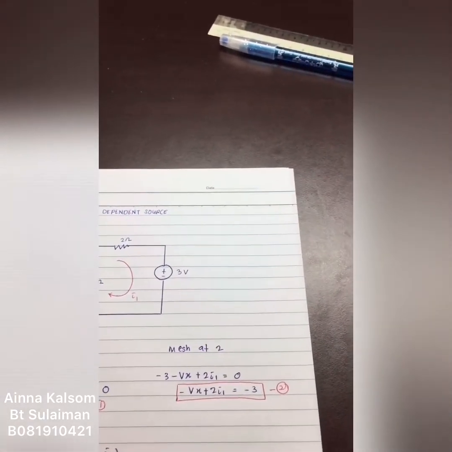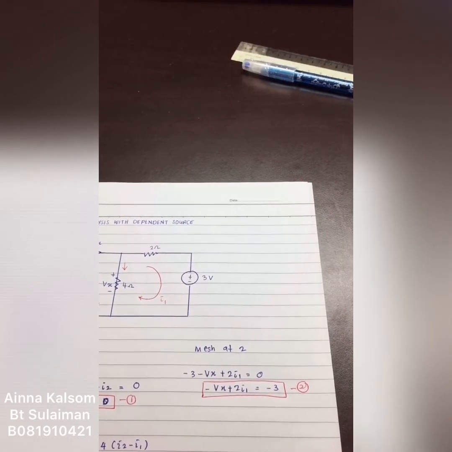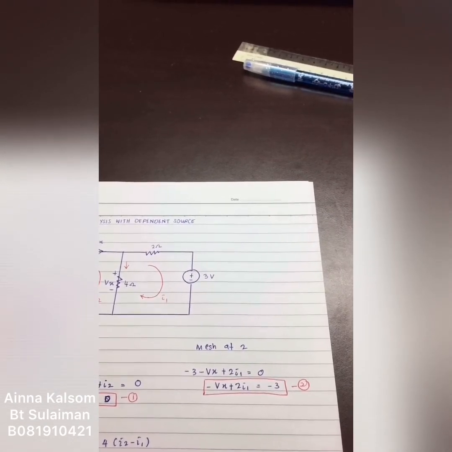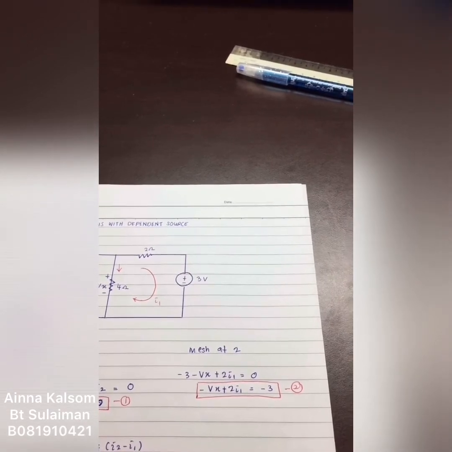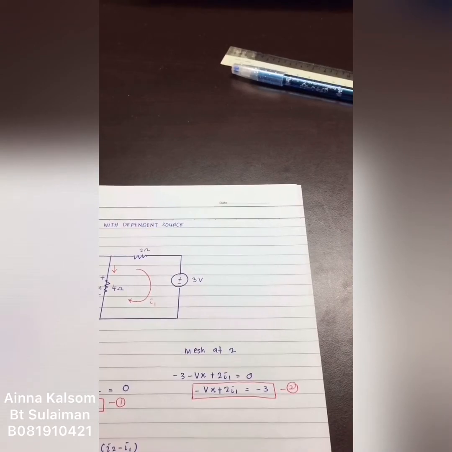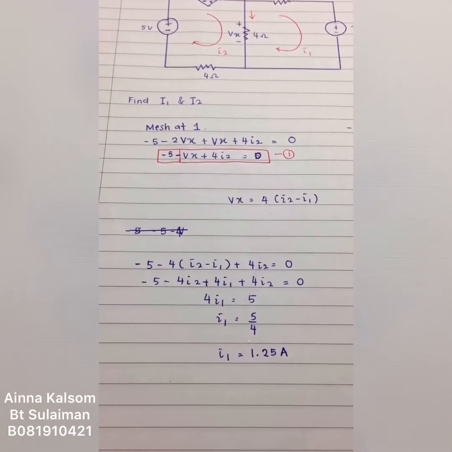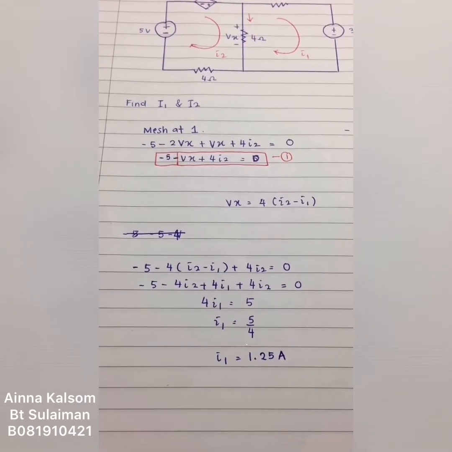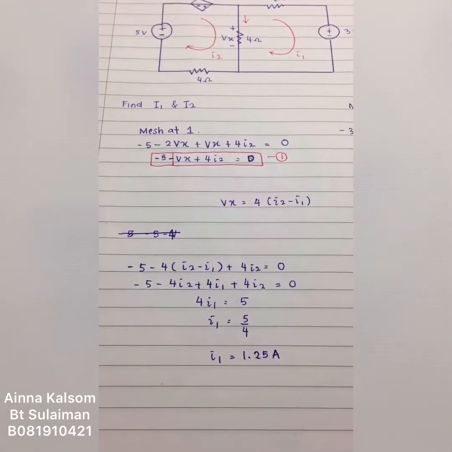Second, at mesh 2, we start with negative 3 minus Vx plus 2I1 equals 0. We solve it and we get the second equation. After we know the value of Vx, we substitute the value of Vx in equation 1 and equation 2.